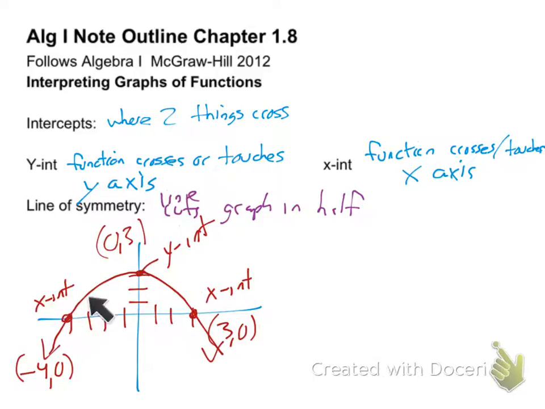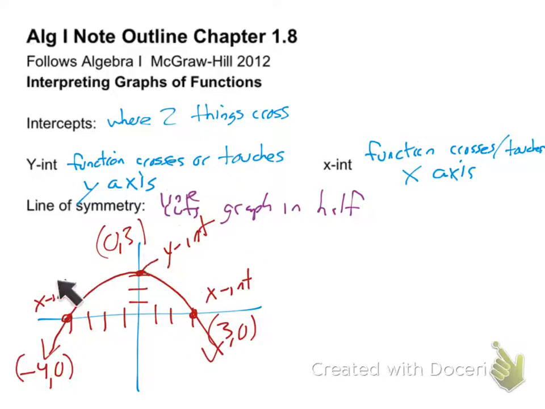No. So this would not be symmetric about the x-axis. Is it symmetric about the y-axis? No. Why is this actually a no? It looks like it could be yes, but why is it no? How do we know? There isn't one on the bottom. Remember, we're talking about the y-axis, so we're going actually left to right.